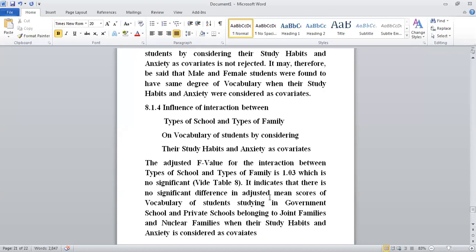It indicates that there is no significant difference in adjusted mean scores of vocabulary of students studying in government schools and private schools belonging to joint family and nuclear family when their study habits and anxiety are considered as covariates.